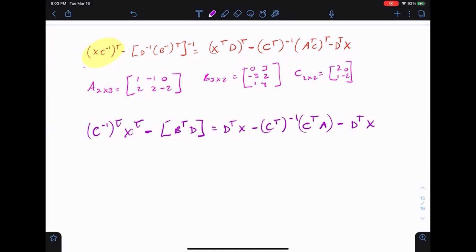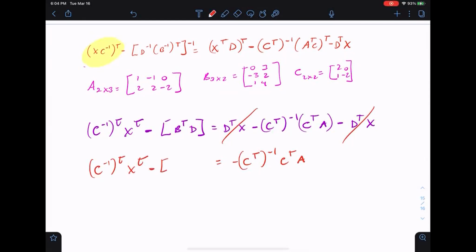So let's see what's gonna happen here. So we can cancel these things out. This guy goes away. So we have negative C times C transpose inverse, and then we have C transpose A, right? Okay, so what's next? On the left side, we have C inverse transposed, X transposed. So here I have subtraction, so I can put that on the other side, right?